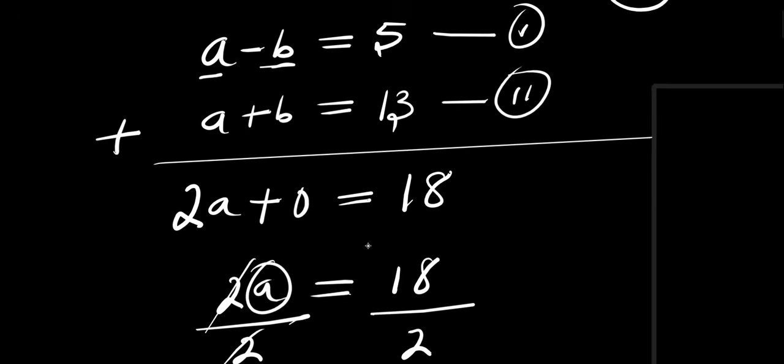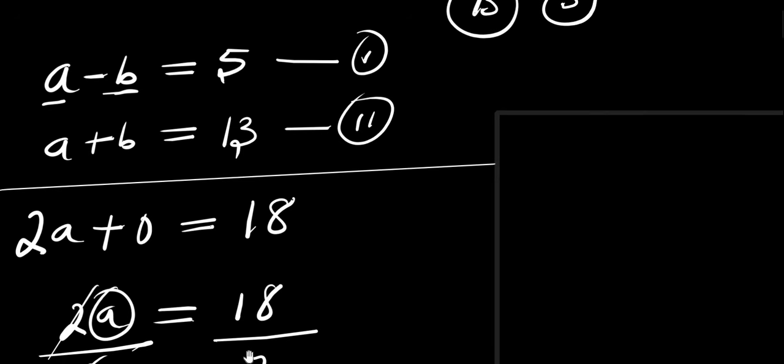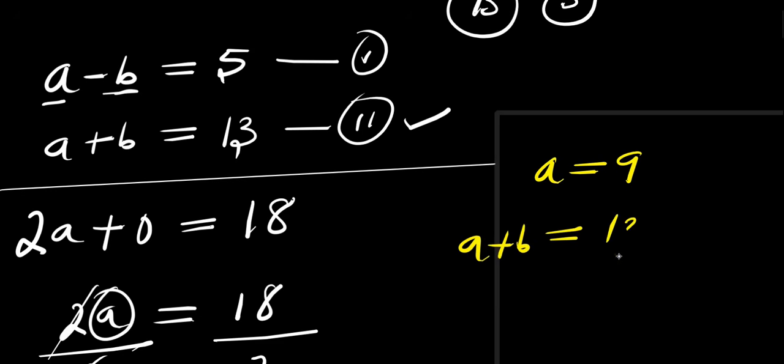And to solve b, what is b? We can use any of these equations. Our a is 9, so let's use the second equation. Remember, a is 9. From this second equation, we have a plus b equals 13, and a is 9. That means 9 plus b equals 13.